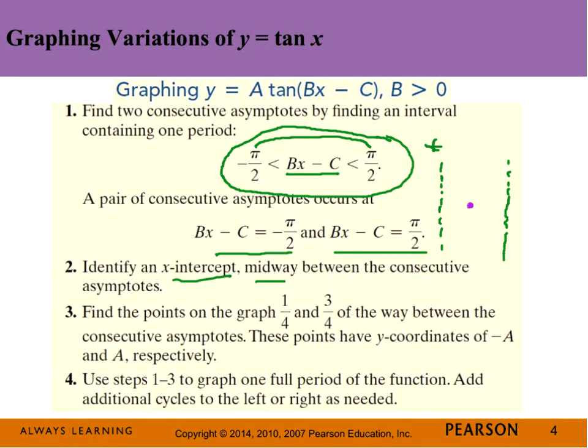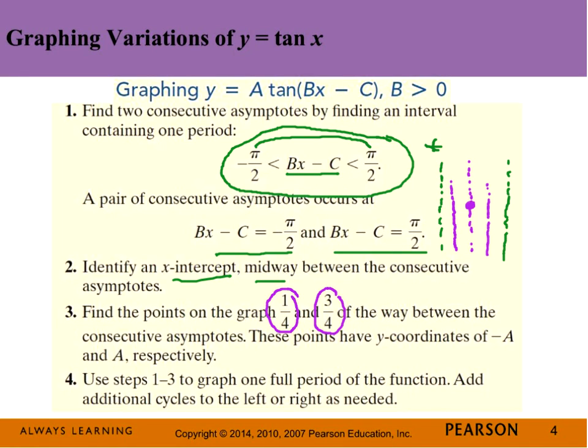And so this next part says, find a couple of other points. You want to choose one that's a quarter of the way through and 3/4 of the way between the consecutive asymptotes. In other words, let's say I drew a barrier through my x-intercept here. You're going to halve that again to find a point lying on that line and that line.